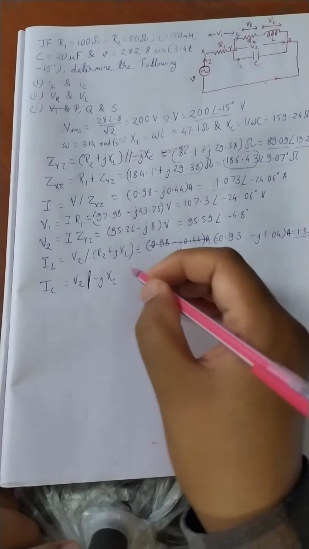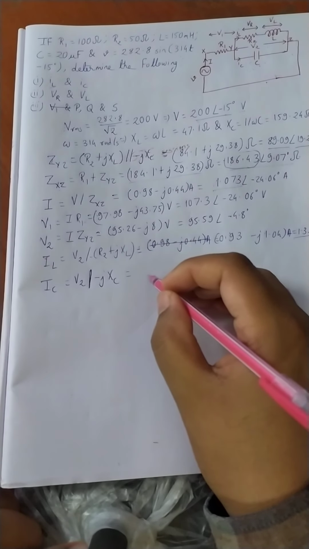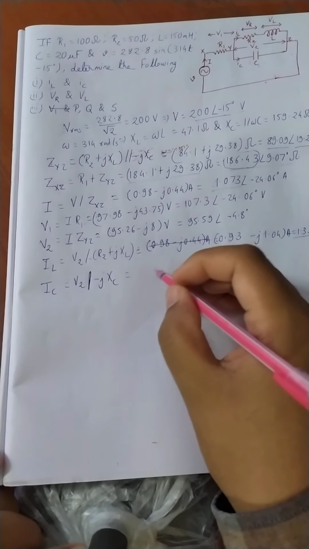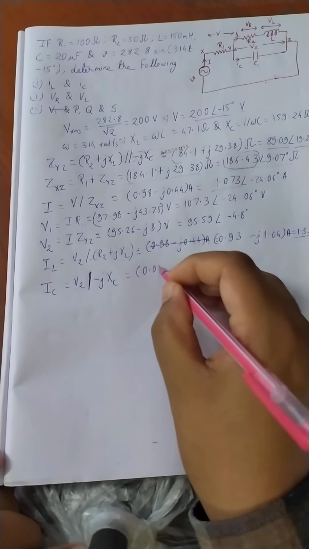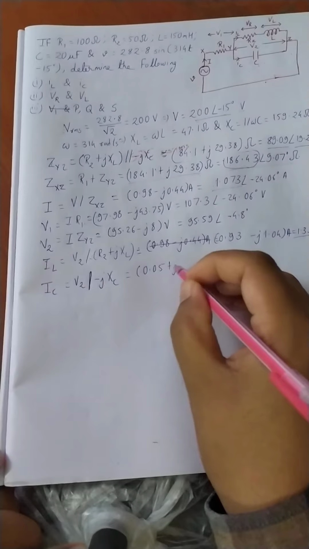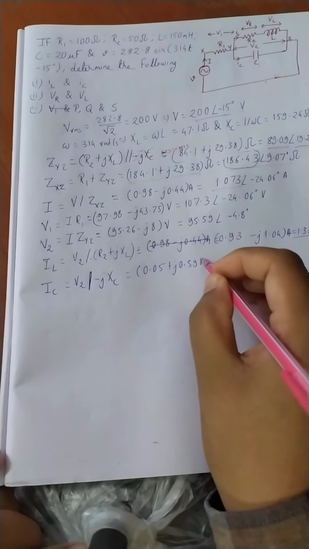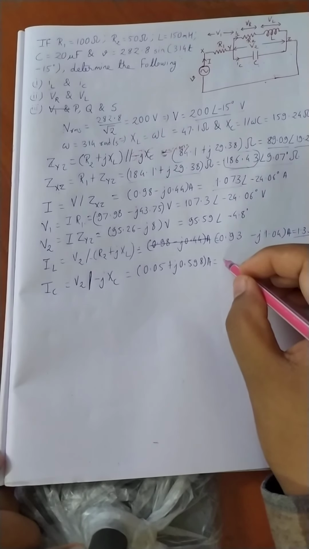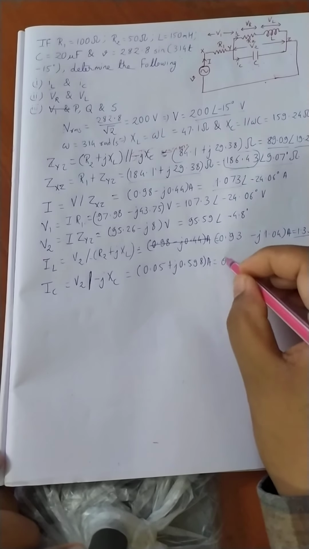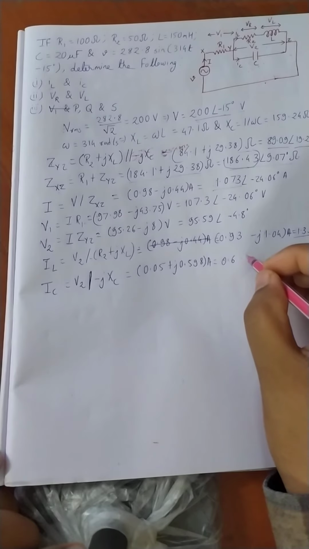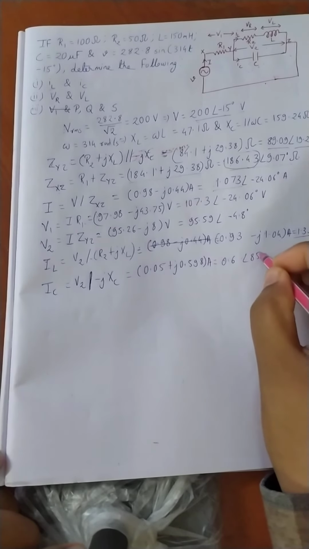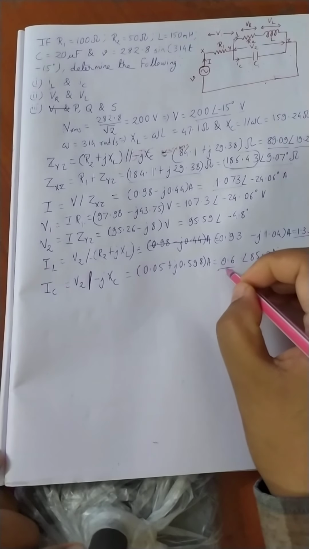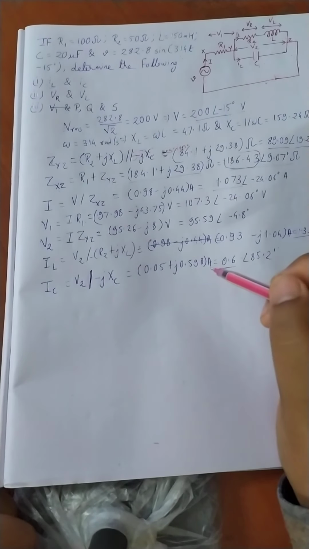So dividing that, we are going to get 0.05 plus j 0.598 ampere, which in polar form is 0.6 angle 85.2 degree. So this is basically the RMS value of I_C.